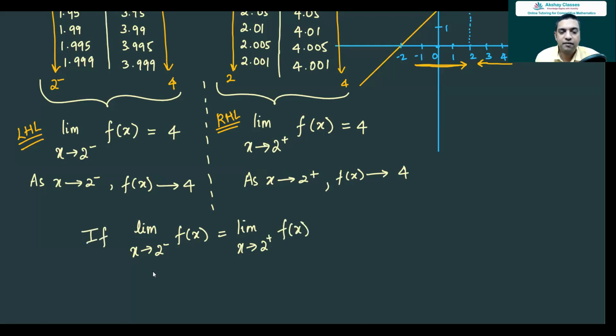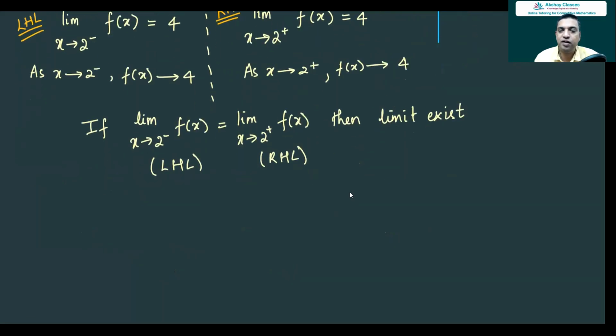If the left hand limit LHL is equal to the right hand limit, then the limit exists and is equal to whatever the value is. Then we write limit x tends to 2 of f of x exists, and in this case it's equal to 4.